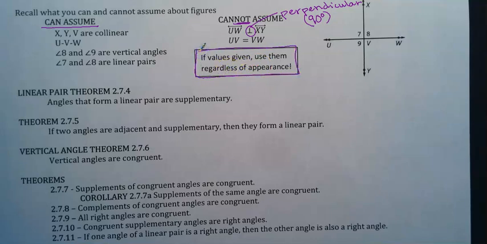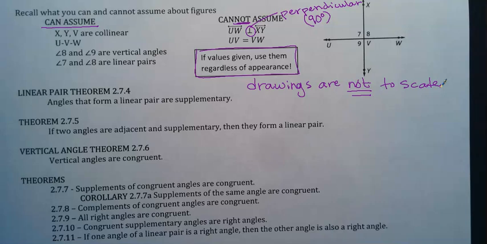Oftentimes in drawings, you might find a note that says drawings are not to scale. That's an L, not a T. Drawings are not to scale. So even if it says something is 15 and it looks like maybe it's only 12, it doesn't matter. If the value is given, use it.